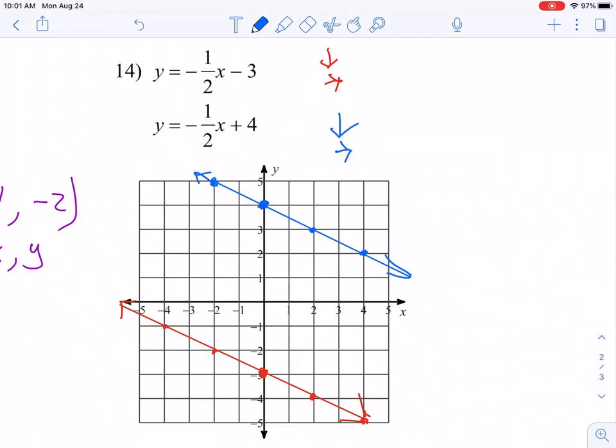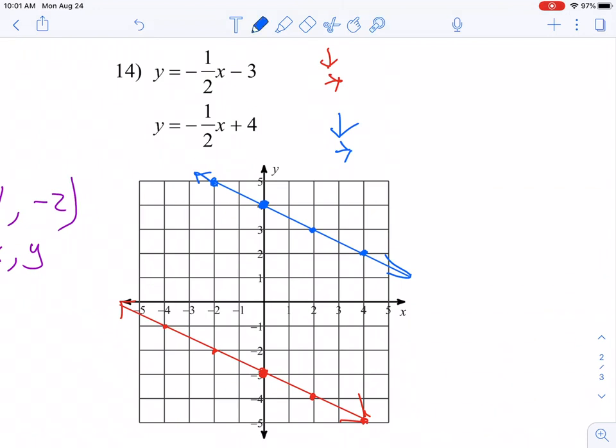And it's not that the graph isn't big enough, it's that because these lines have the same slope, they're always going to be going down 1, right 2, and this one as well, down 1, right 2. And because they're going down and right at the same time, because they have the same slope, they're never going to cross.